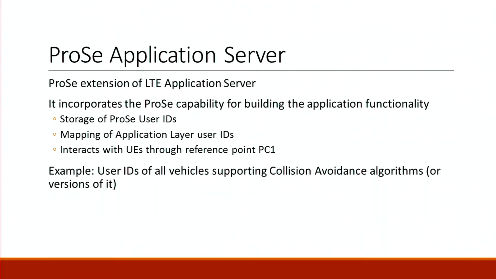One thing that I see is, for example, the application server may store the parameters used for collision avoidance, may store the algorithms used for collision avoidance. The application server may provide several algorithms for collision avoidance, and your V2X enabled car may ask for one of them to be used depending on its capabilities.